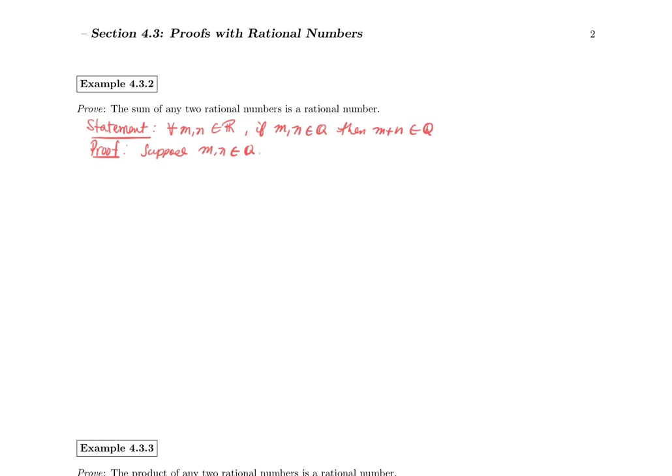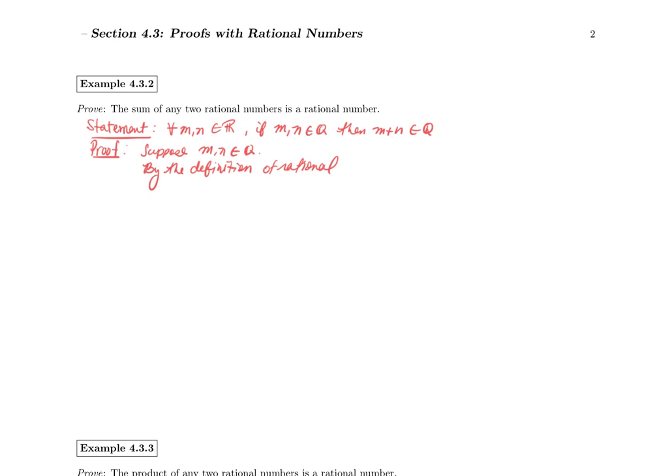So remember, when we're trying to define what it means for our hypothesis to be true, we are going to rely on definitions. So we're going to rely here on the definition of rational. By the definition of rational, remember from the last page, that means that both m and n are equal to ratios of integers whose denominators are not 0.